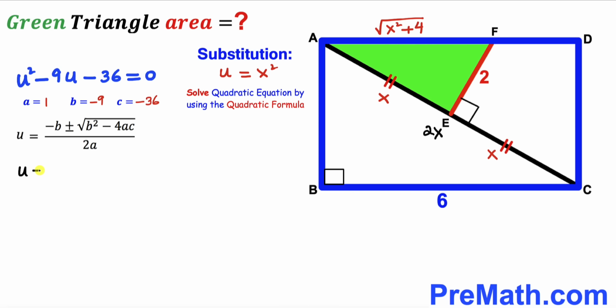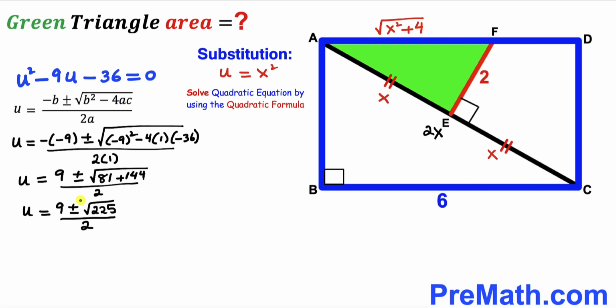So u is going to be equal to negative, negative 9, plus or minus the square root of negative 9 square minus 4 times A is 1 and C is negative 36, all over 2 times 1. And once we simplify, u turns out to be equal to 9 plus or minus the square root of 225 divided by 2. And we know our square root of 225 is simply 15.